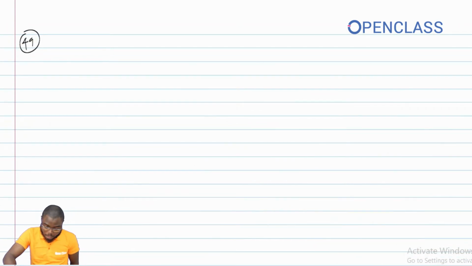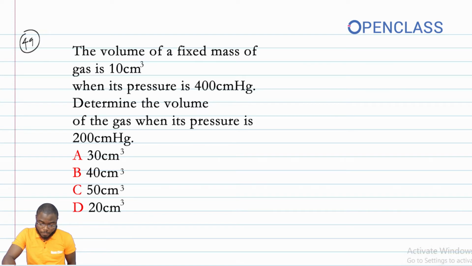Question number 49: the volume of a fixed mass of gas is 10 centimeter cube when its pressure is 40 centimeter mercury. Determine the volume of the gas when its pressure is 200 centimeter of mercury.